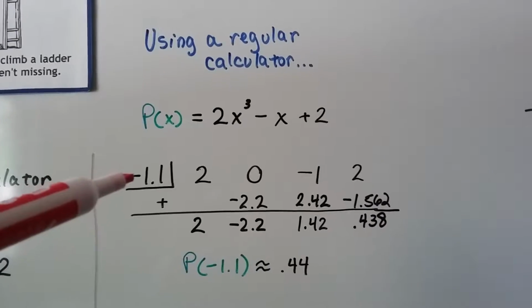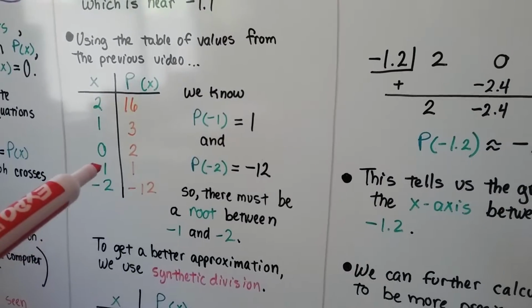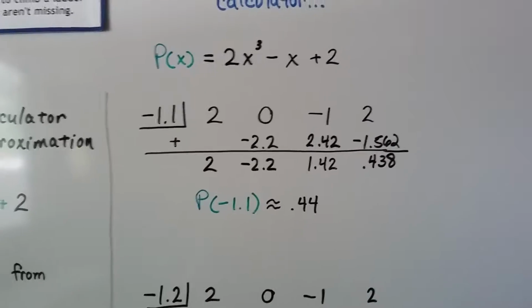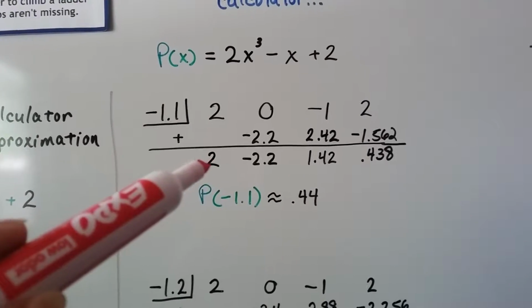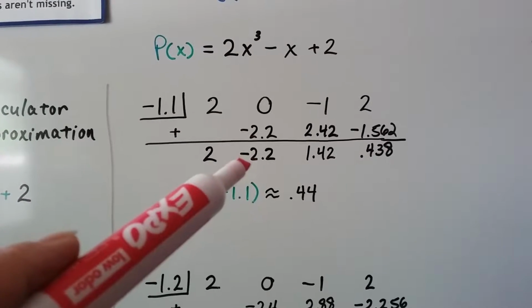Here's our negative 1.1. We're trying to find a root between negative 1 and negative 2, so I'm going to try negative 1.1. I'm going to get really precise here. We drop down our 2. We multiply these and get negative 2.2. We add it to the 0 and it stays the same.